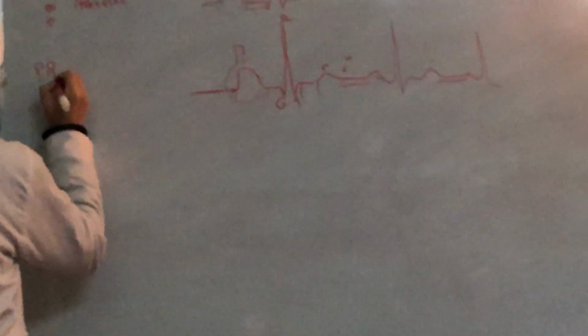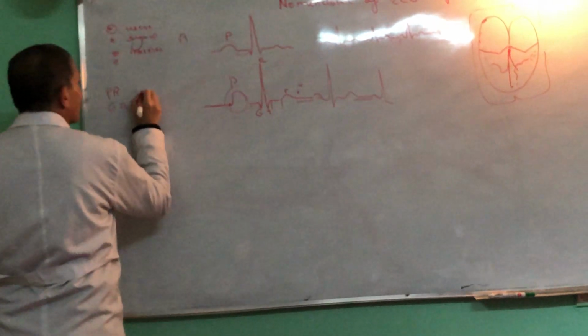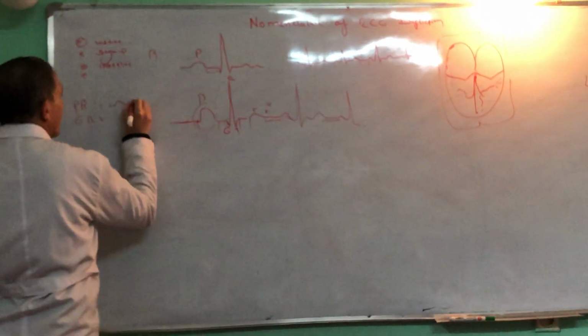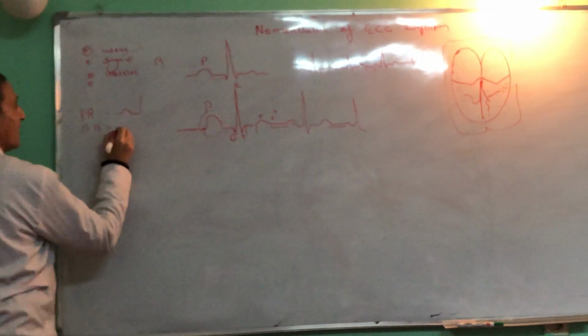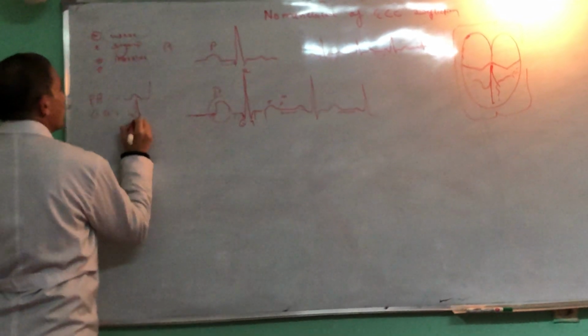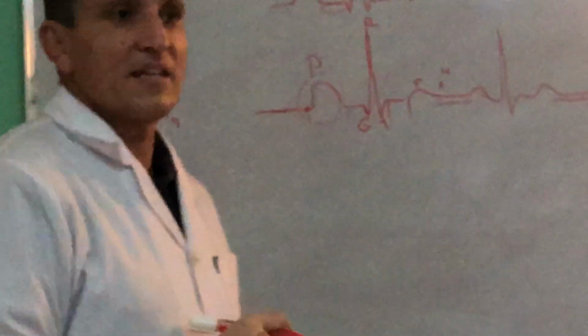This is the PR interval, and this is the QRS interval. How should I define the QRS interval?